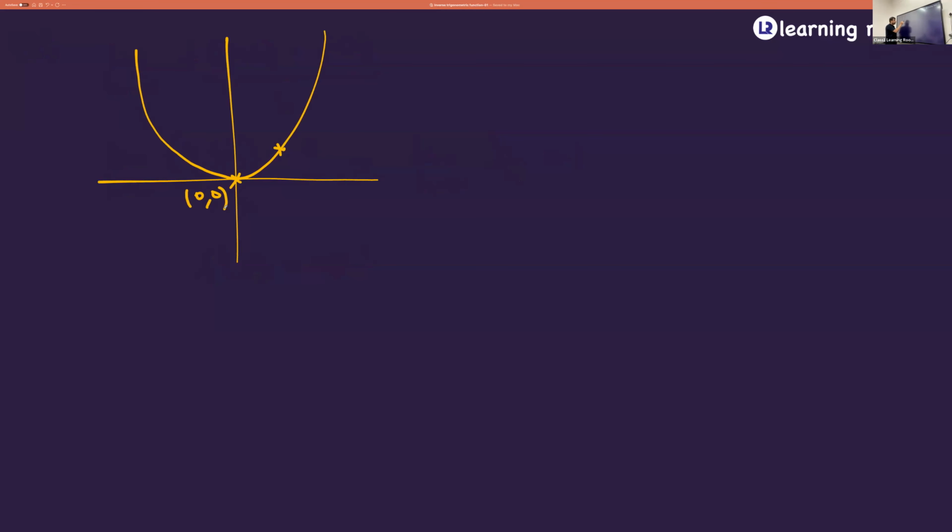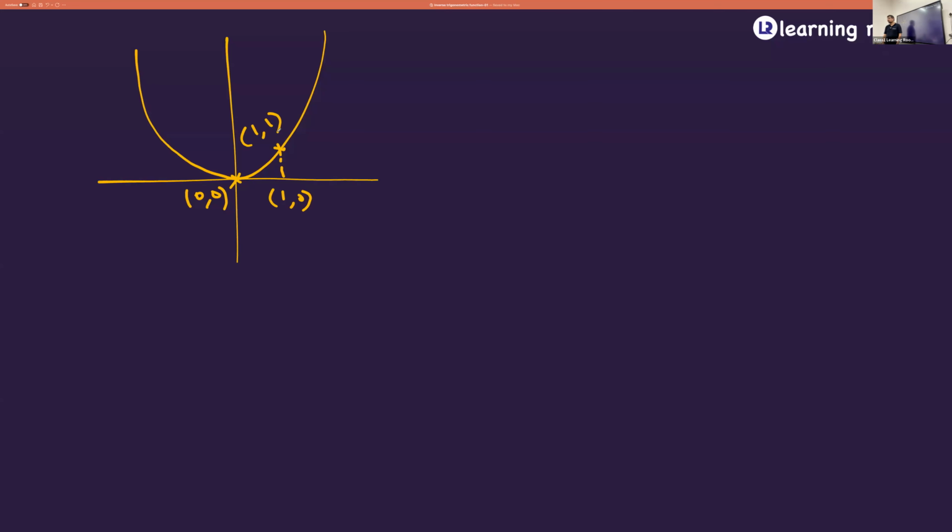Listen to this. If I drop a perpendicular here, if I take this point to be 1, 0, what is this point? It is 1, 1 basically. So if I take this pen to be the tangent, whether I draw a tangent to this curve at point 1 from the right-hand side or left-hand side or exactly at that point, all three are the same.